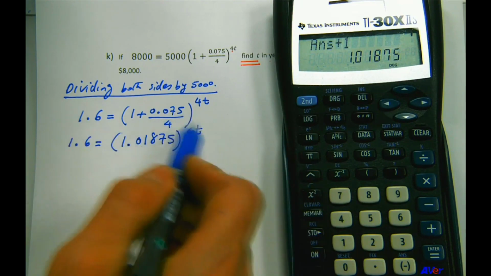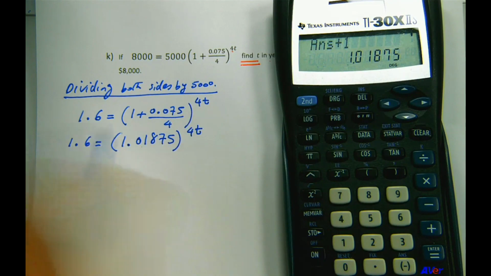So to bring the 4t down, we need to take the log of both sides. If you like, you can take the natural log of both sides. Taking the natural log becomes advantageous if this base is equal to e. But if it's not equal to e, then taking the log or natural log of both sides is the same.